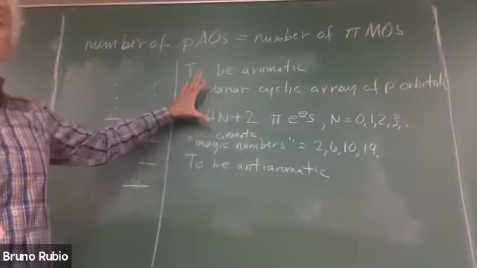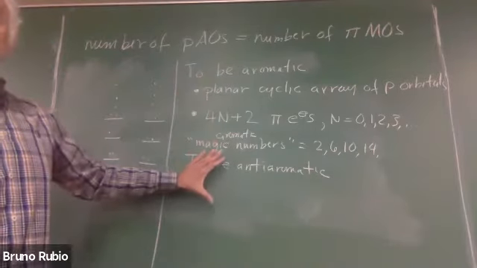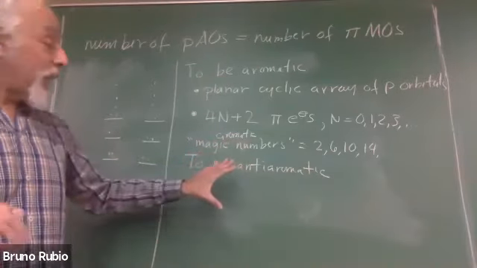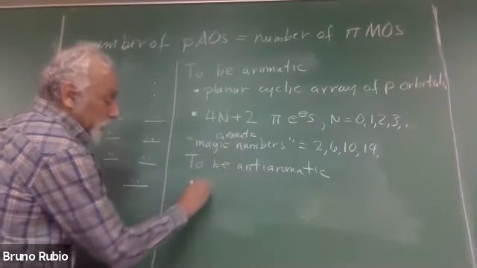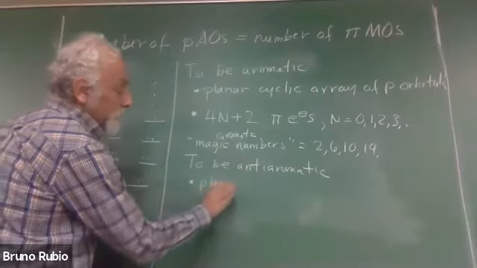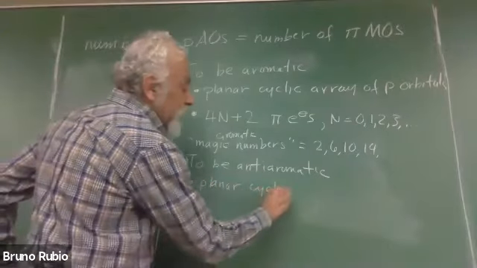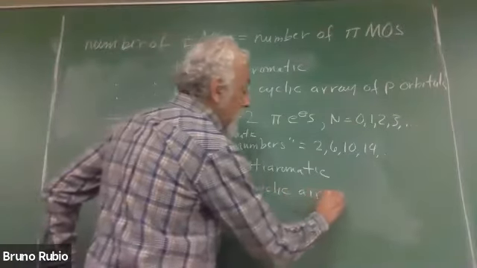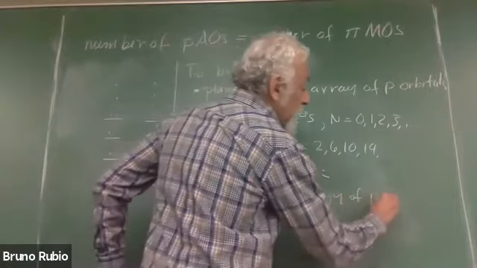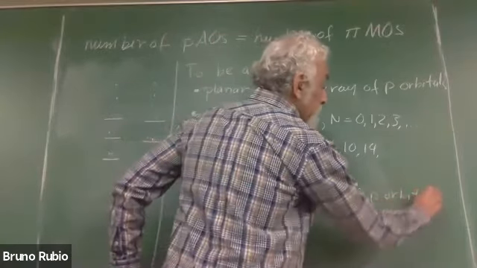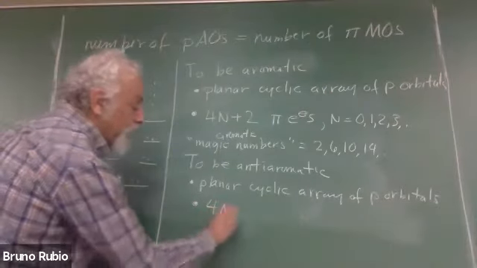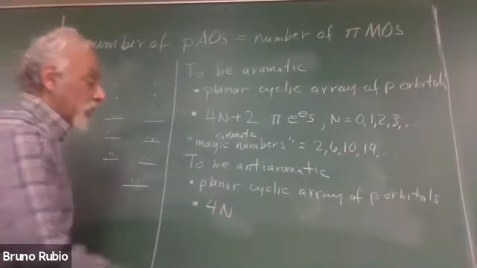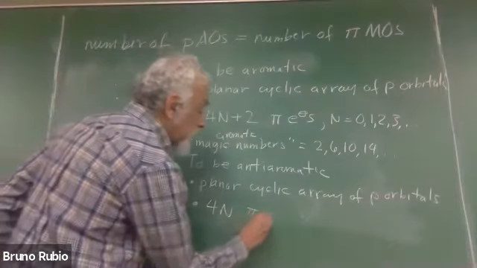So aromatic molecules are stabilized, anti-aromatic molecules are destabilized. And to be anti-aromatic, a molecule must have a planar cyclic array of p orbitals. But this time, to be anti-aromatic, it's 4n pi electrons.